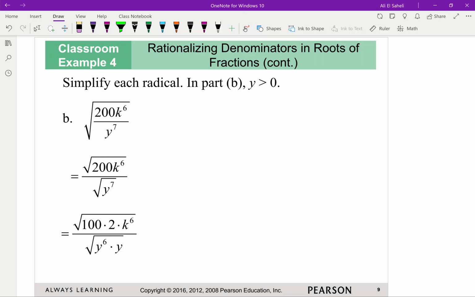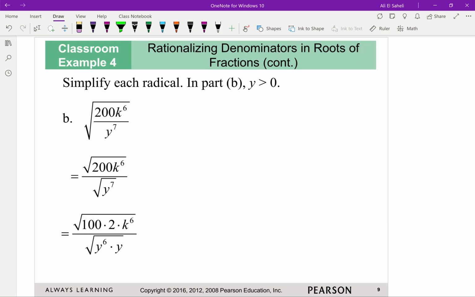So we want a square under the square root to get rid of the square, or to bring out the number from under the square root. What I mean by that, you have radical 9, so this is radical 3 squared, so that you can take the 3 from under the radical sign.